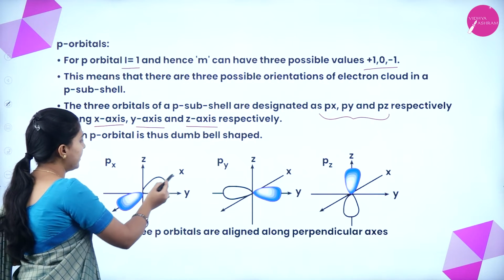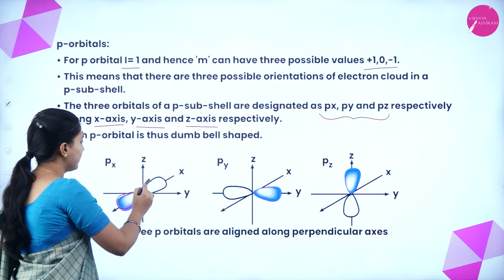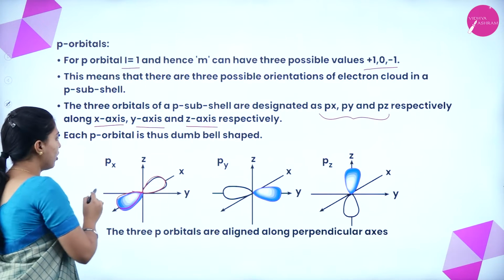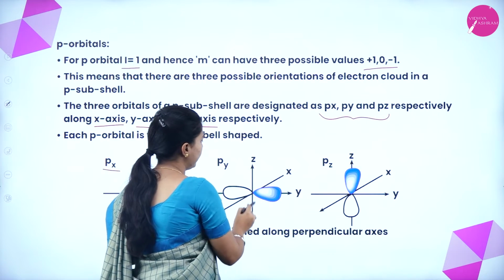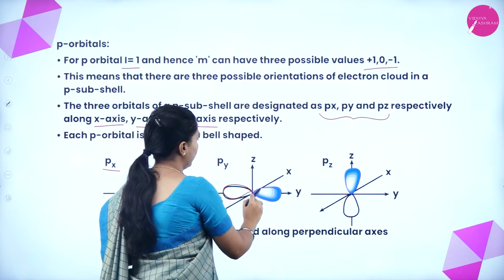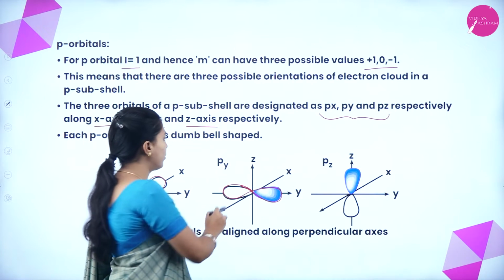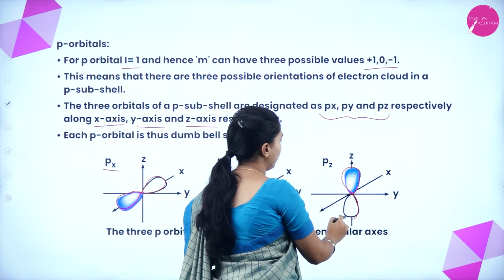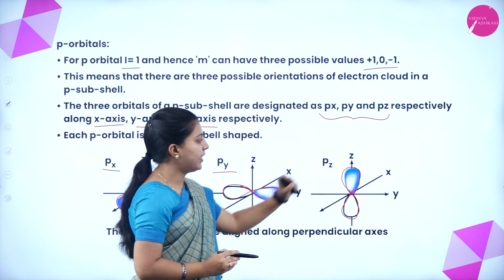See here, this is the x-axis. The p orbital along this x-axis we call px. Here, this is the y-axis. The p orbital along the y-axis is py. Similarly, the pz orbital is along the z-axis.